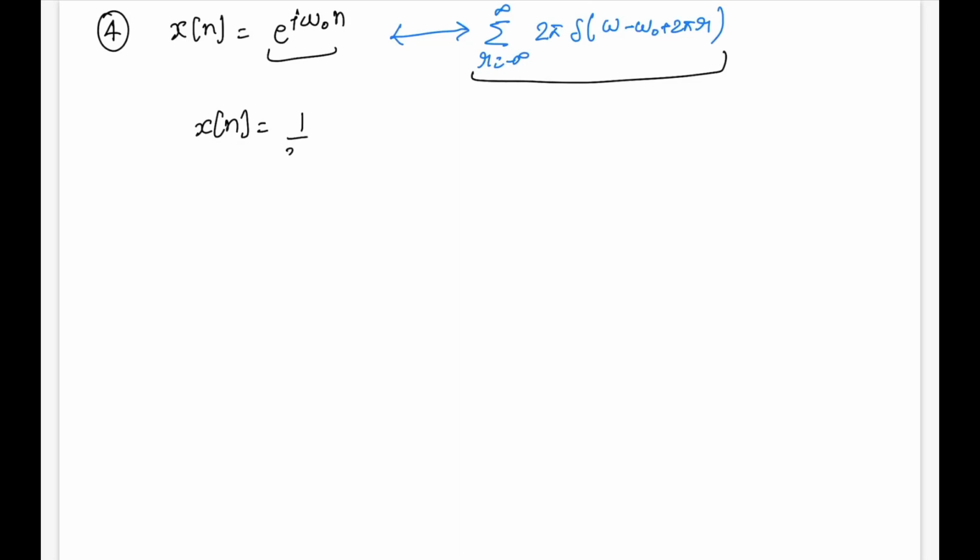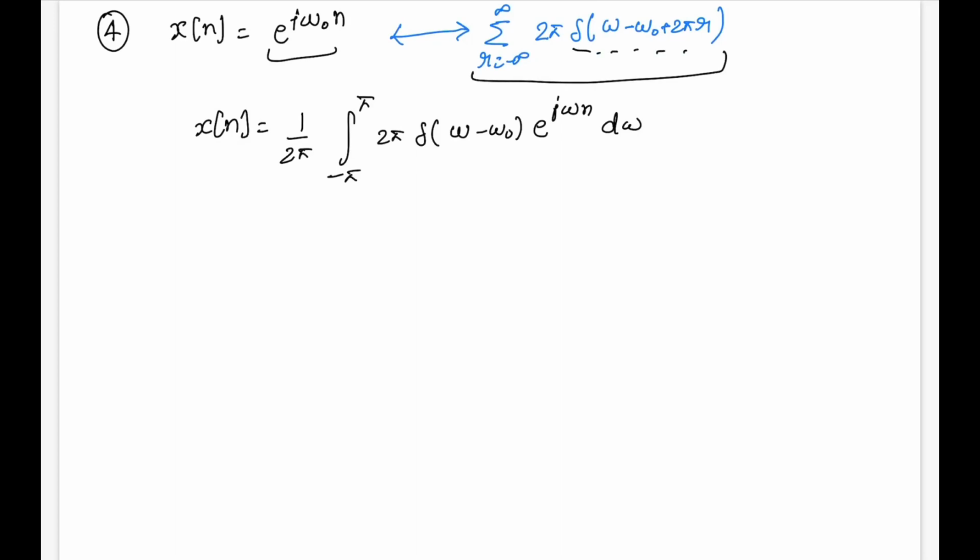So the inverse Fourier transform is the integral from minus π to π of 2π delta(ω minus ω naught) e to the jωn. Okay, so here you noticed that we have taken only one instance or one period of the impulse function.